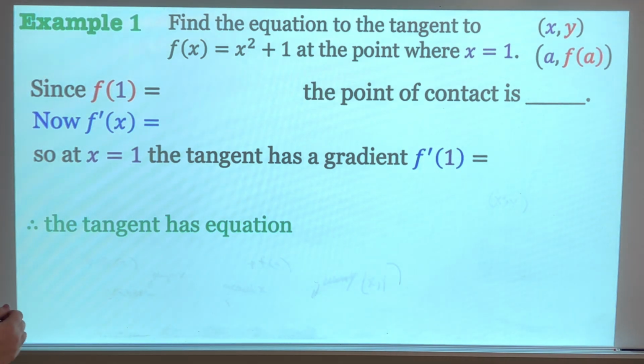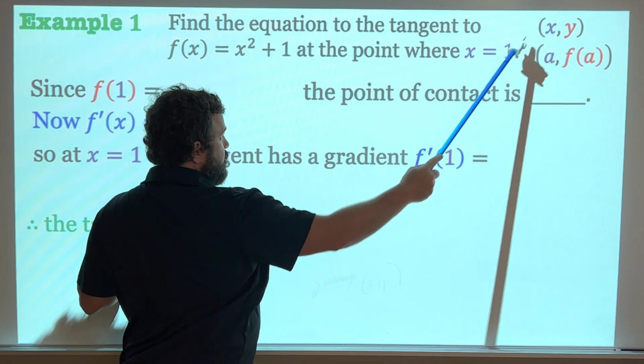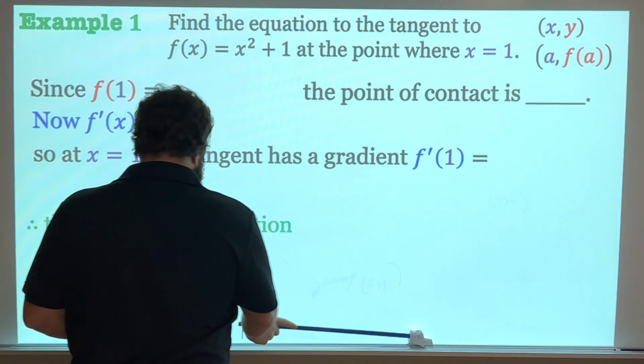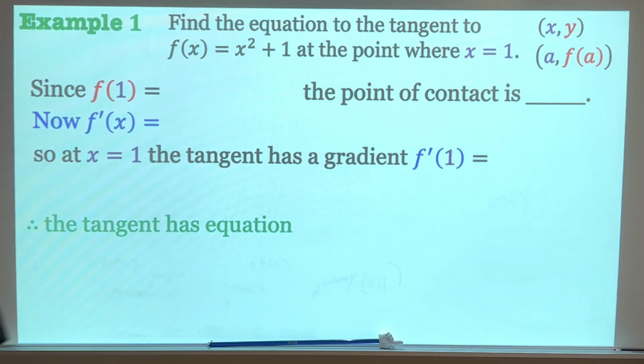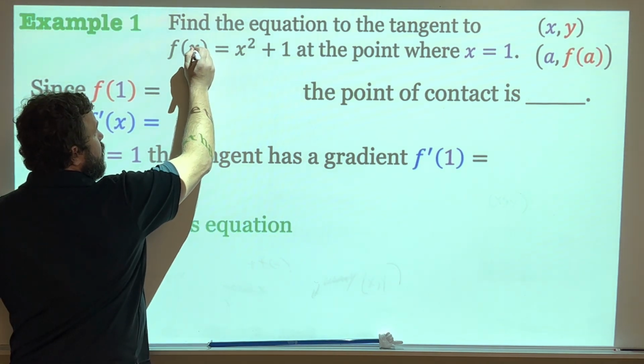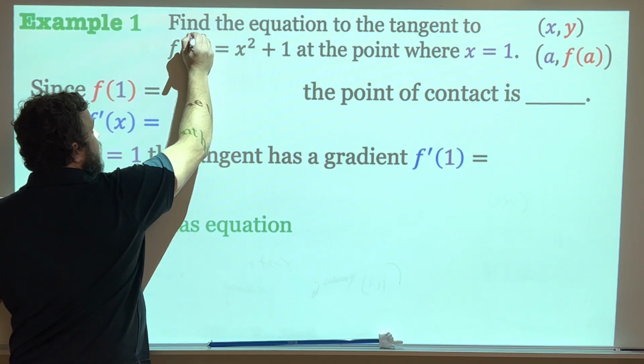So, in order to find f of A, we have to take x, which is 1, and plug it into where? The original equation. All right, so I want to find out f of 1, because that's what A is. A equals 1.